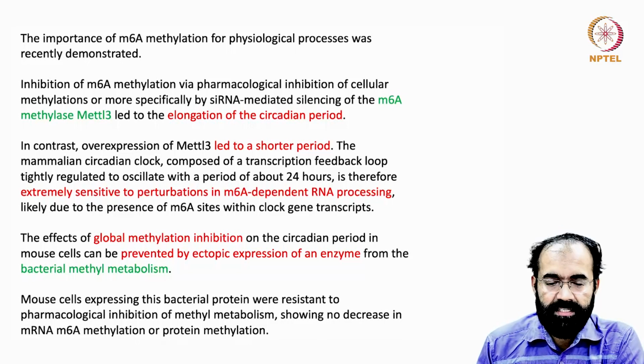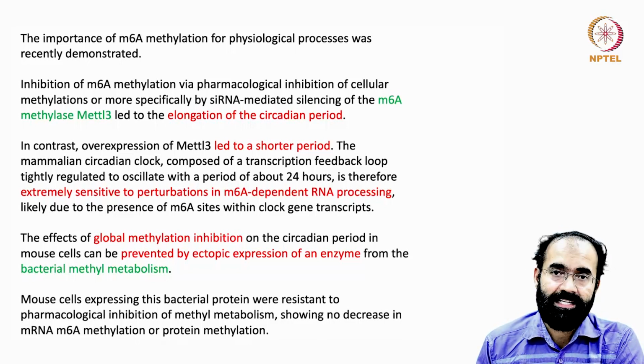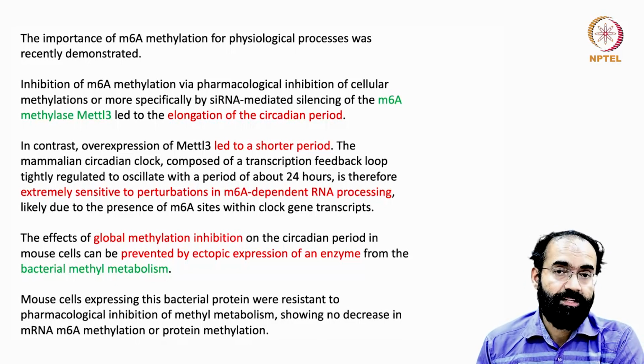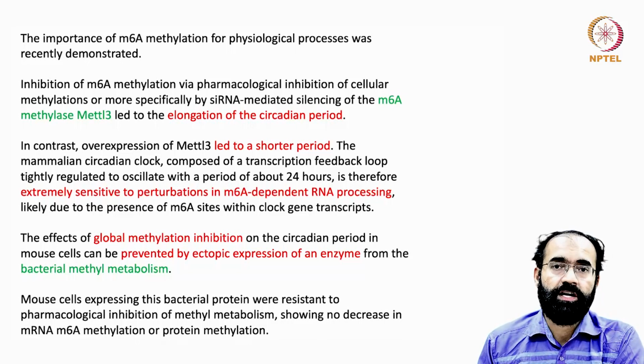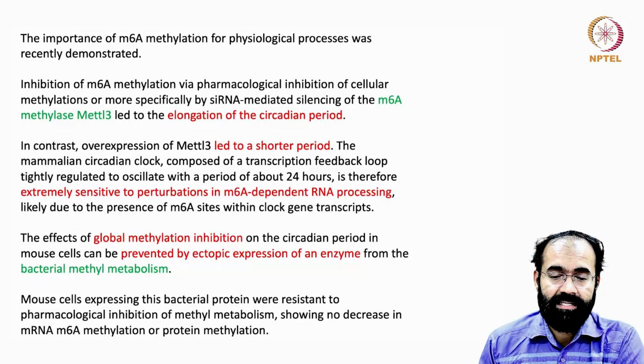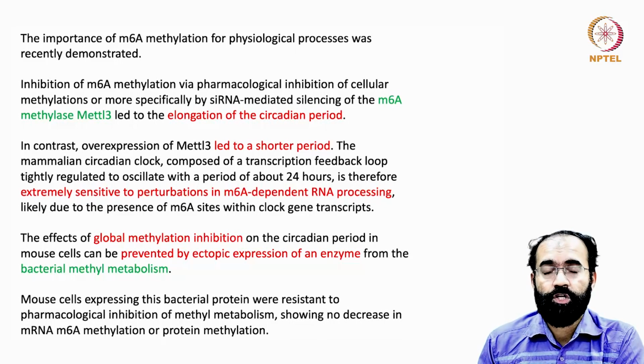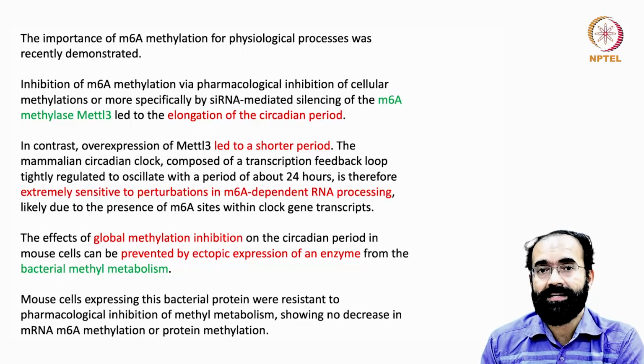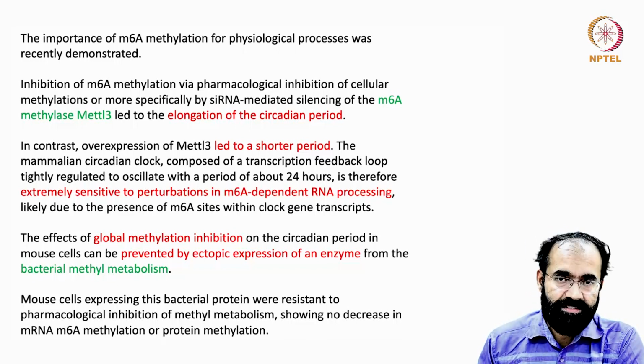You can guess it: if you overexpress a methylase, naturally more RNA residues will be methylated, and what will that cause? They will overfunction. They will perform much stronger. They will get translated, and because of this you will have a shorter time. This RNA should have been translated in a fixed amount of time.